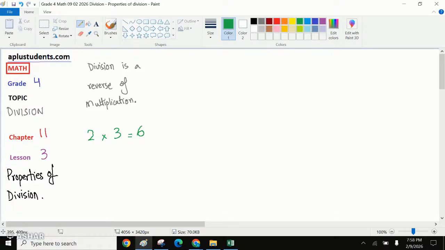In case of division, if this answer 6 is divided by any of these two numbers, 6 is divided by 2, the answer would come out to be 3.